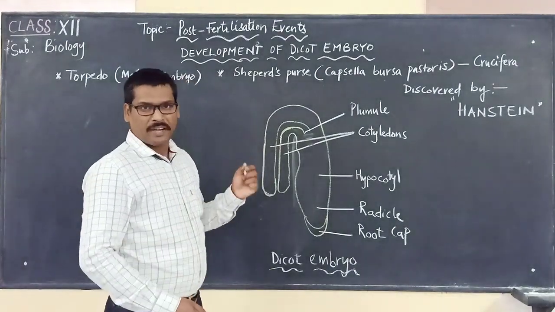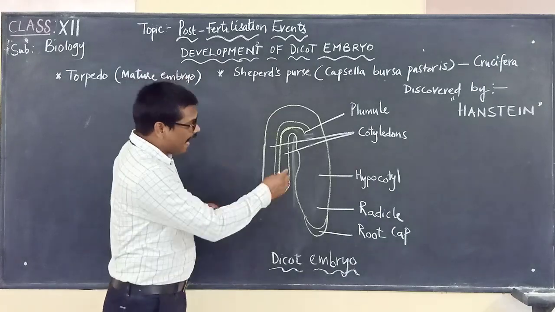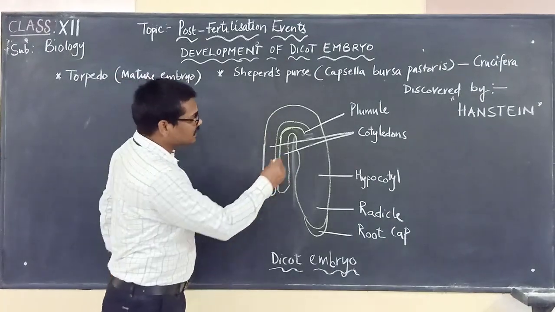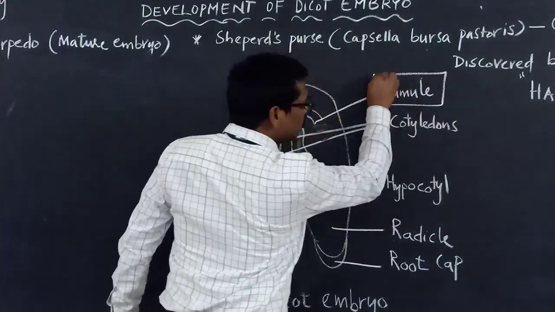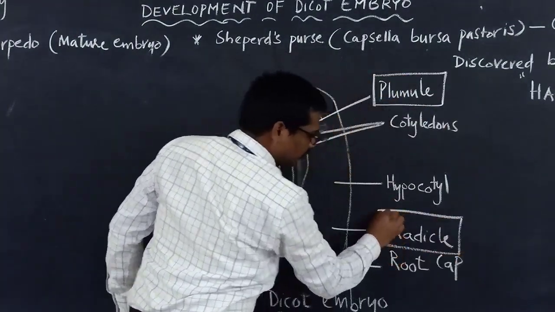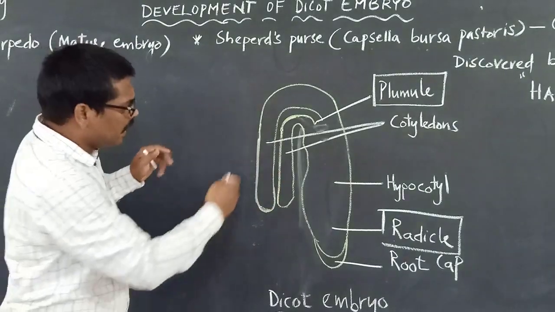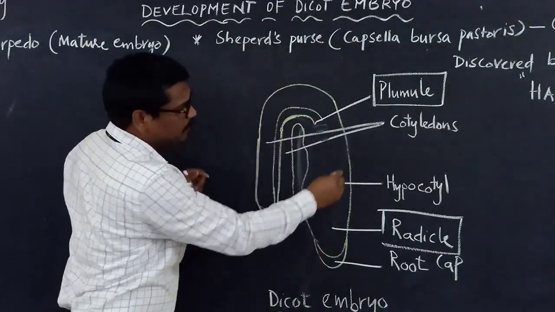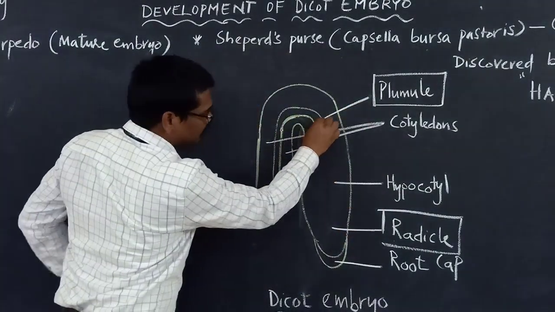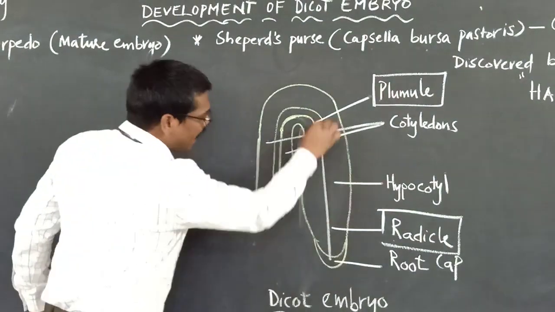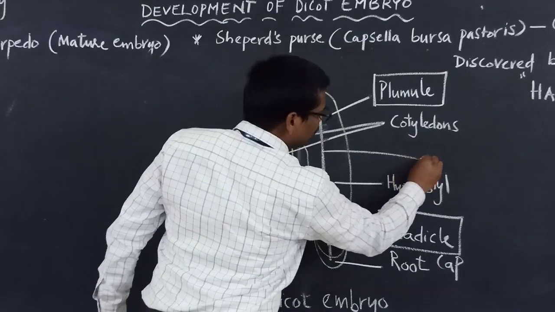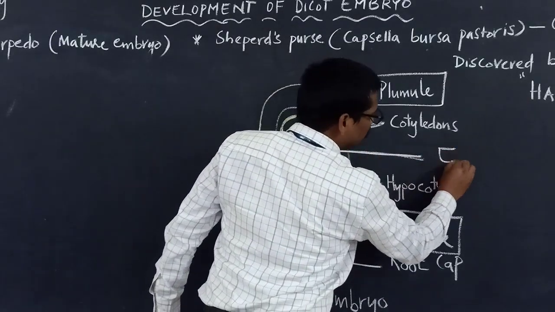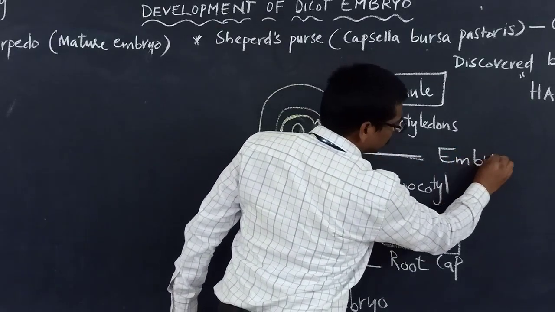Now, the next point to keep in mind is that an axis is present between the plumule and the radicle. In this diagram, this is the main axis, and we call this main axis the embryonal axis.